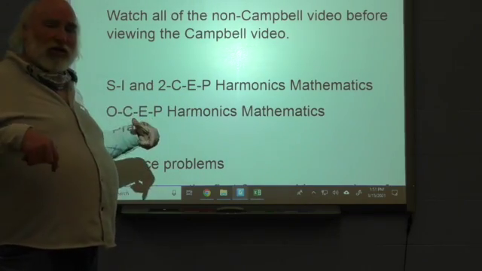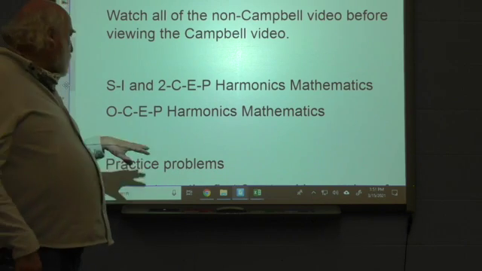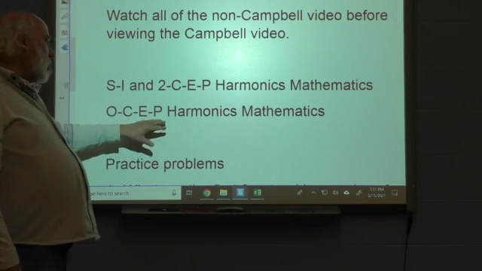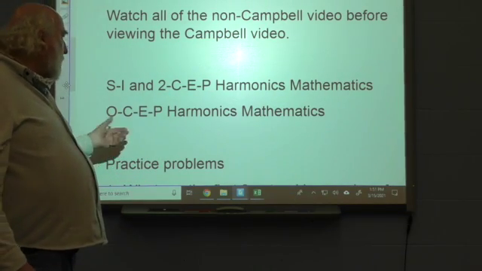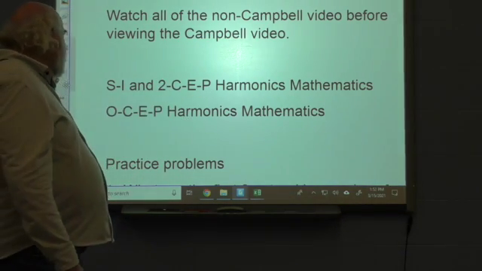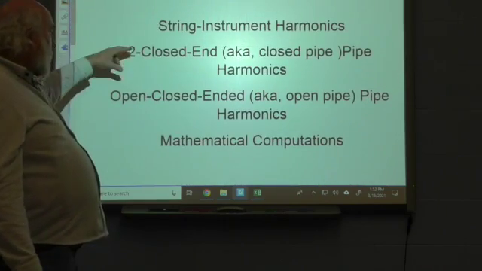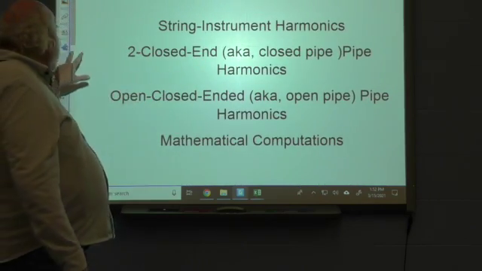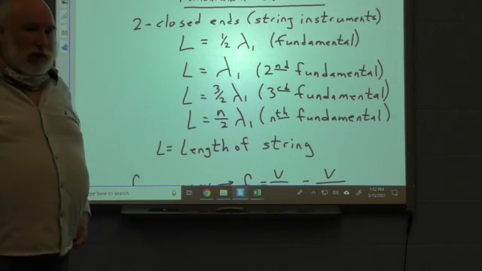Now they do exactly the same thing. They have the same mathematical formulas. The different mathematical formula is for the open closed-end pipe, which we also call an open pipe. We call this a closed pipe. And of course, like I said, this is the string instrument. Okay, and I've listed that up here. So let's take a look at the mathematics for this.